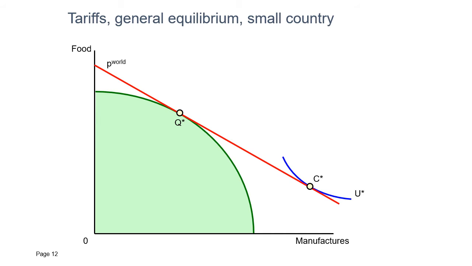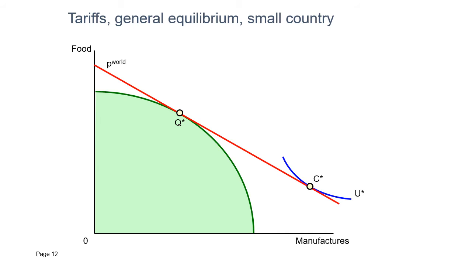In terms of consumption, we're actually importing additional manufactures to meet the consumption equilibrium, and we're exporting our excess food. This is the position that we're in, right?